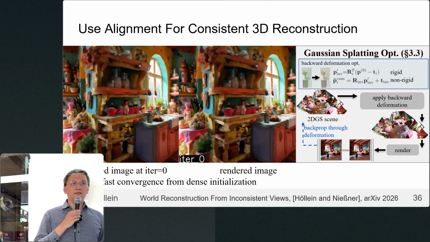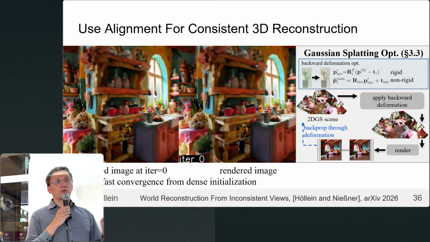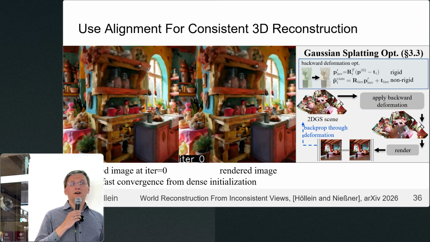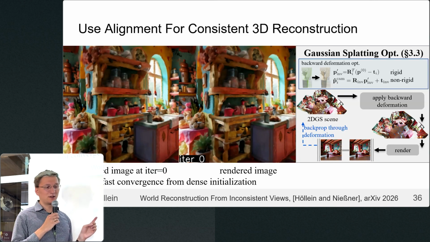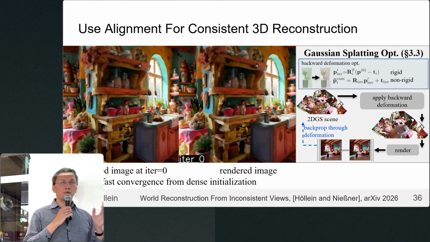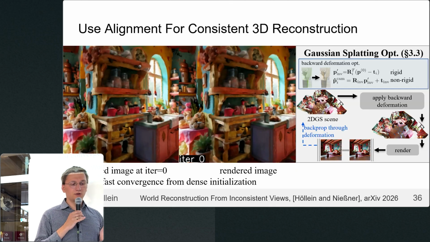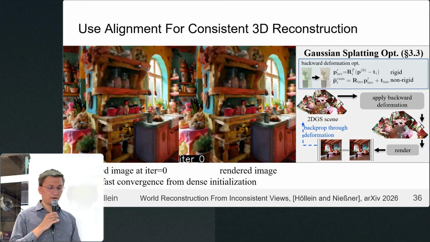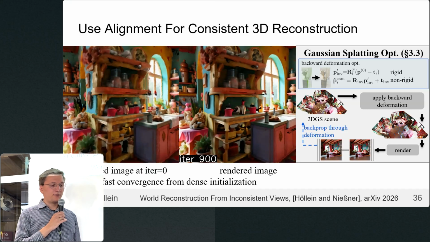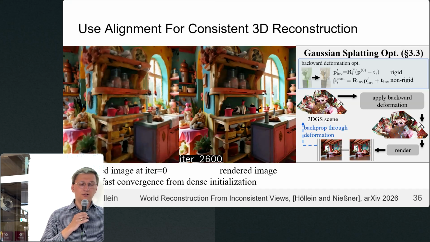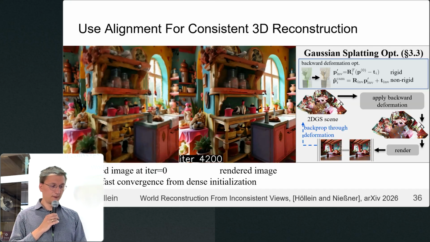And this optimization can backpropagate through the deformation and optimize the Gaussians in their consistent space while being optimized from the inconsistent frames. So this is also why it explains the paper title. We can generate 3D scenes, we can reconstruct worlds from inconsistent views in this way. And we still have quite fast convergence in only a few thousand iterations of Gaussian splatting optimization.